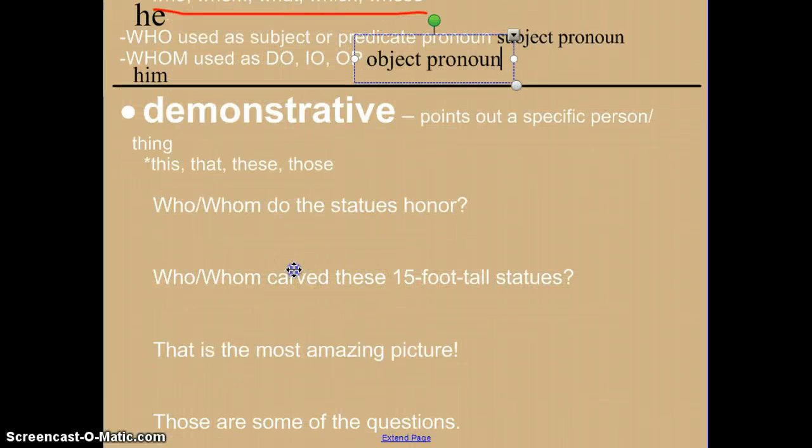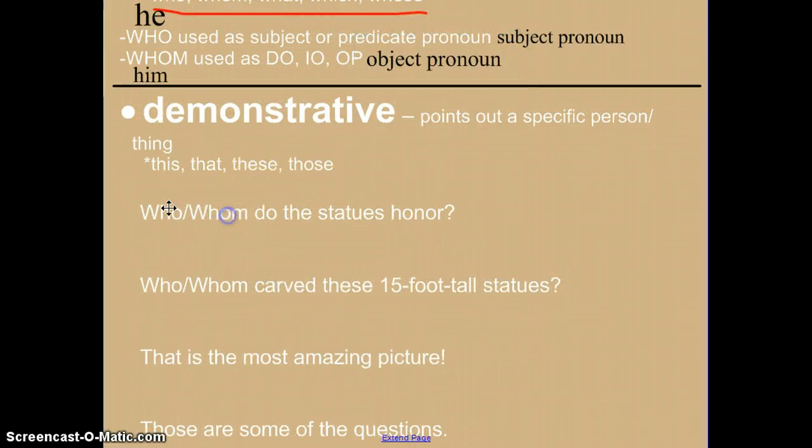So, skipping down here to our sentences that have who and whom. Practicing our strategy, we put he for who and him for whom, and we read the sentence. Instead of saying "Whom do the statues honor?" we said, "Do the statues honor he?" or "Do the statues honor him?"